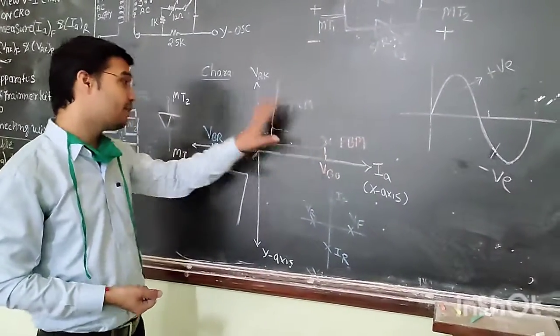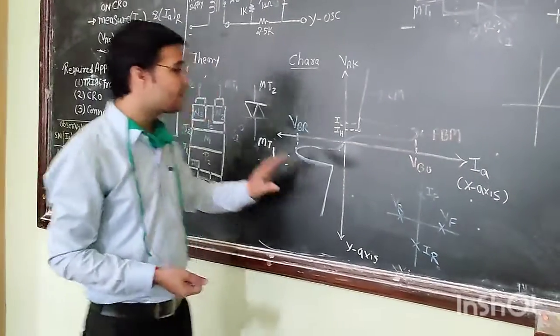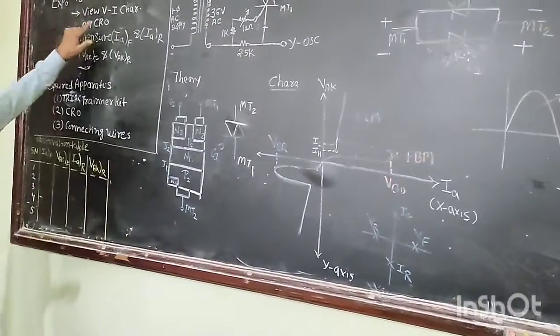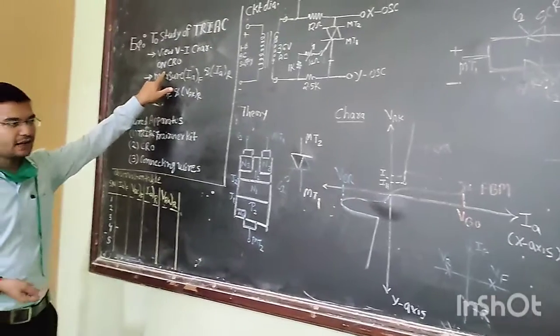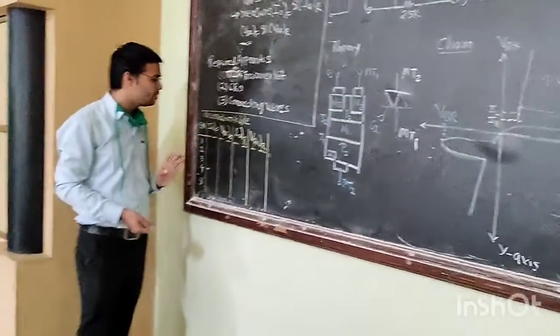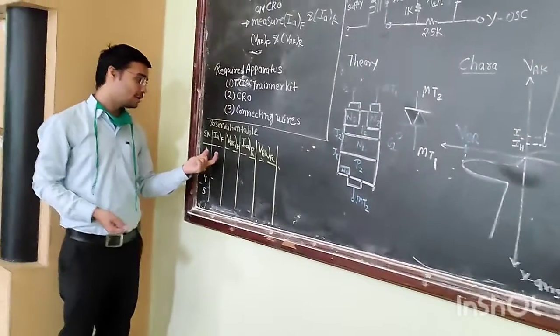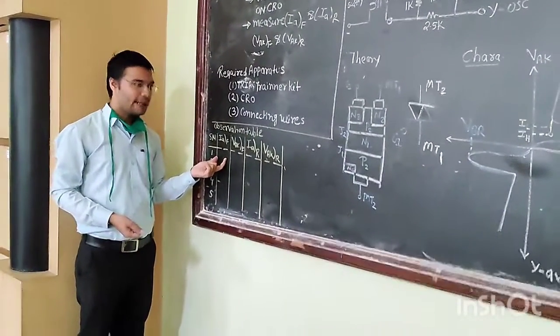One more important point: our aim is to view the VI characteristics on a CRO, right? So after understanding the theoretical background, we will move to the trainer kit and measure some values of current.